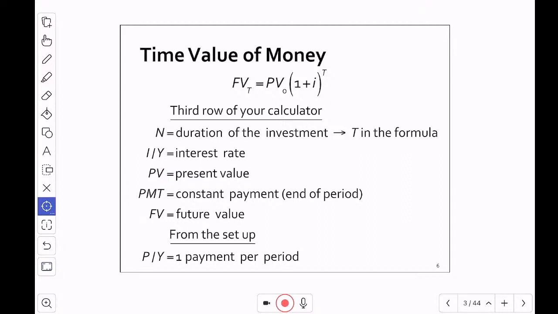It's the interest rate. The PV is the present value or principal value. PMT is the constant payment that's made, assumed at the end of the period unless you tell your calculator otherwise. FV is the future value, and we have set things up so that payments will occur once a period.